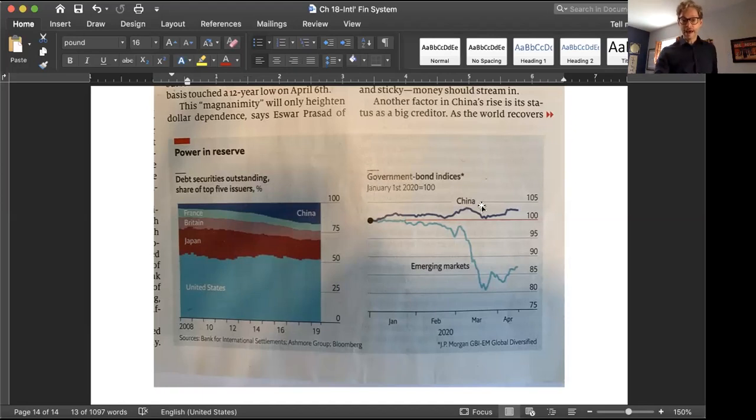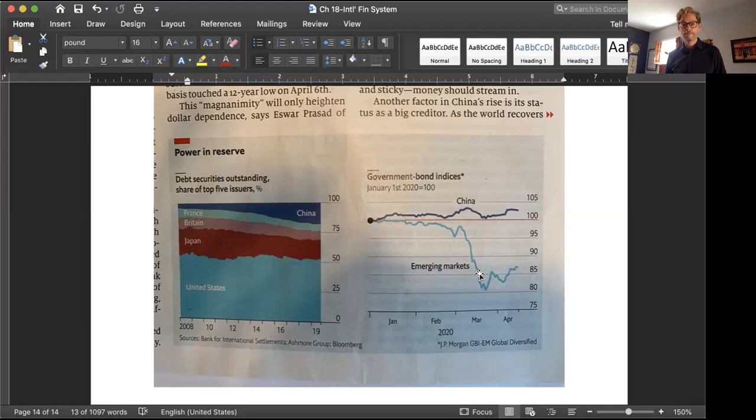One of the interesting things that's happened here during the pandemic is notice that the government bond index for China has actually remained pretty stable. Chinese government bonds have actually looked like a good investment. They haven't fluctuated all over the place. You compare this to other emerging market economies who saw big declines in their bond markets, right? Lost a lot of money.